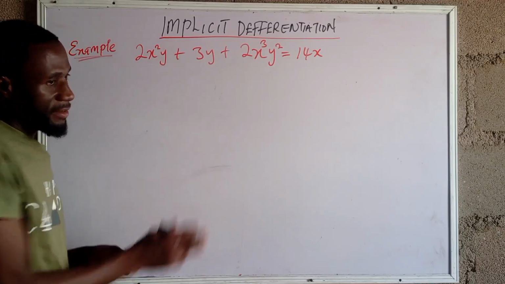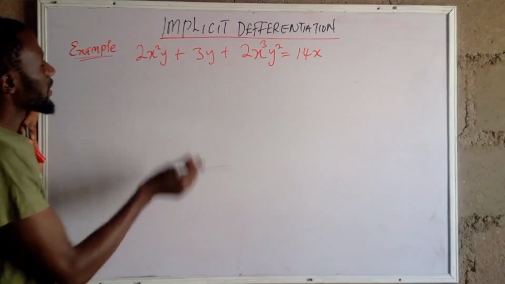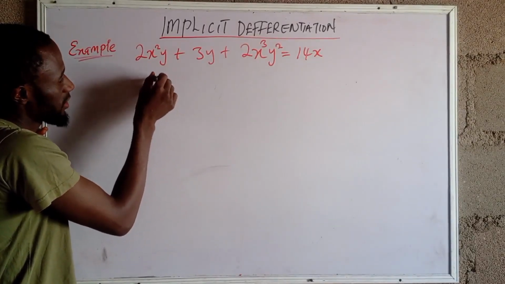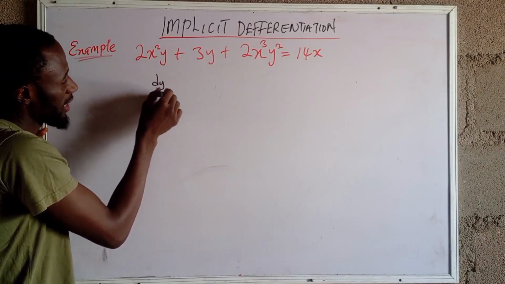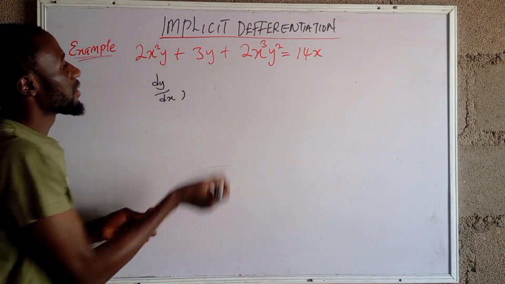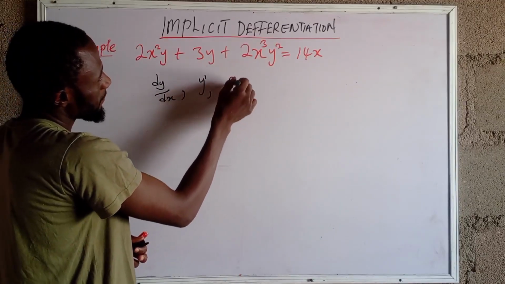That is called implicit function because we are going to apply both the product rule and the chain rule. In case you differentiate y, you are going to multiply with dy/dx or y prime or f prime of x.